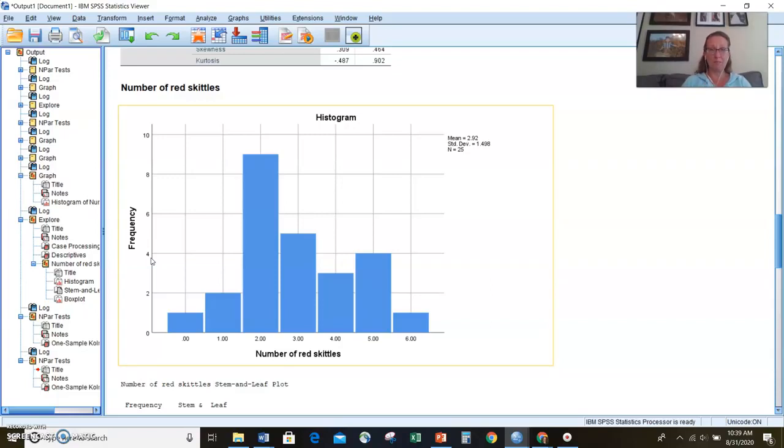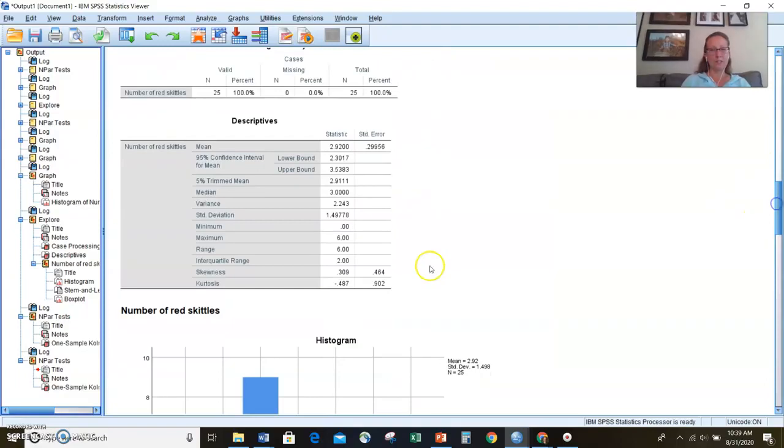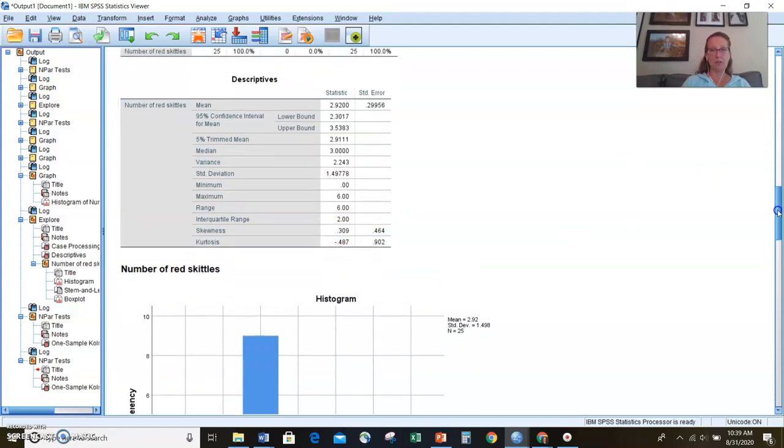All right, so to recap, we learned how to create a histogram and eyeball it with that normal curve in the graph function to see that something is a little bit off of normal. We ran descriptives and looked at these values here. And again, if these are bigger than 2, definitely bigger than 3, then our distribution is not normal.